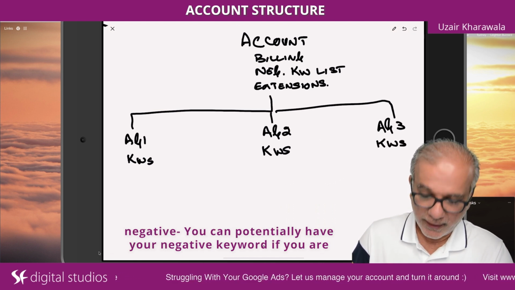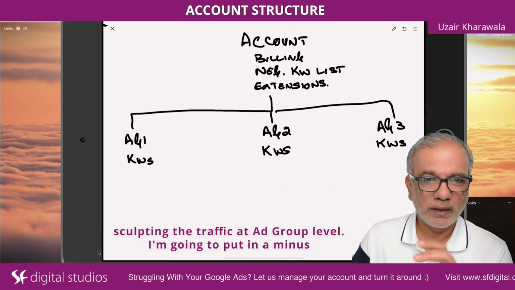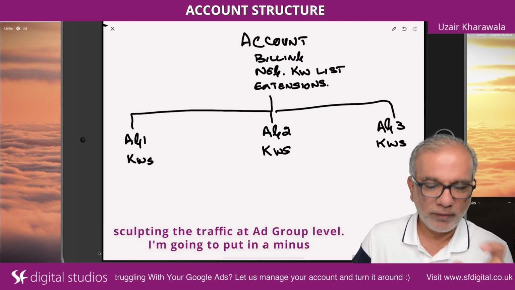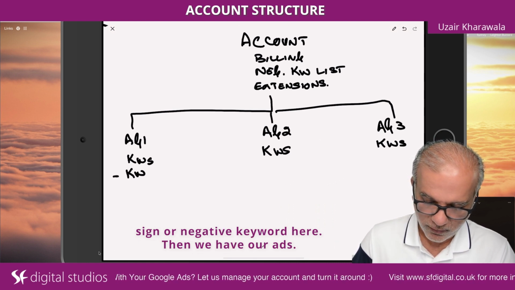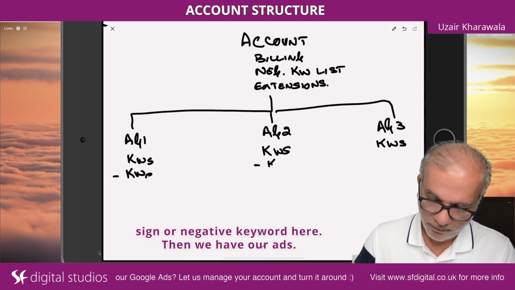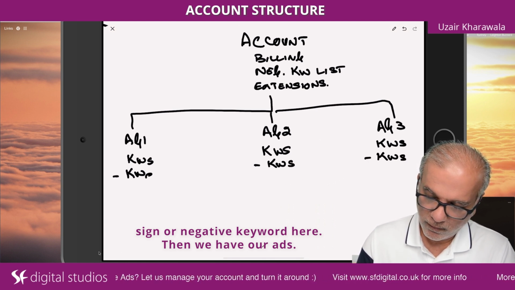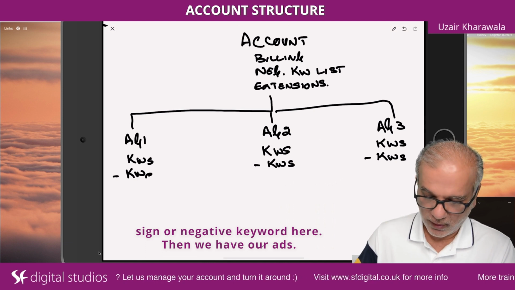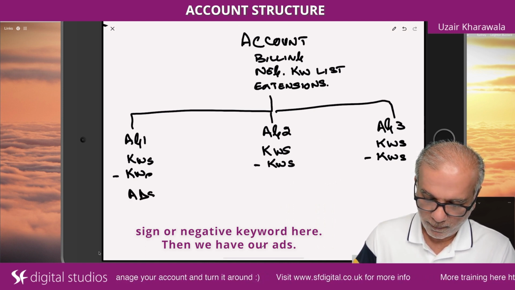You can potentially have your negative keyword if you are sculpting the traffic at ad group level. I'm going to put in a minus sign for negative keyword here. Then we have our ads.